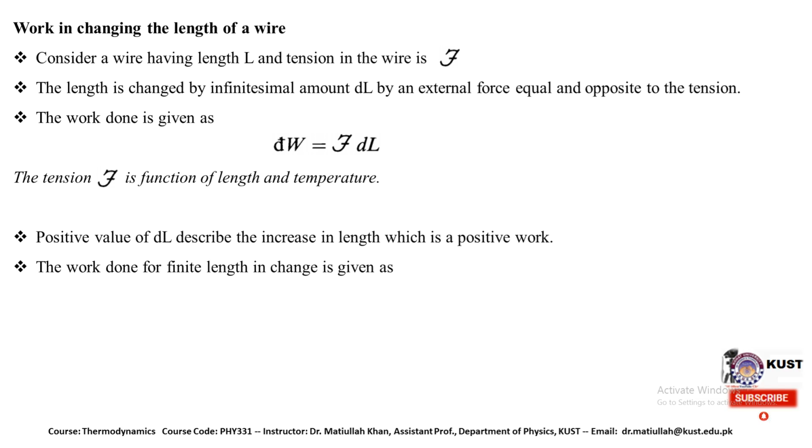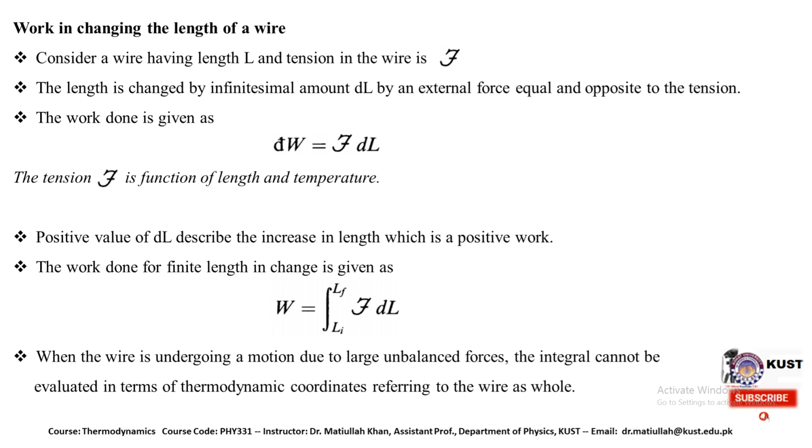A positive value of dl describes the increase in length, which is positive work, and the work done for a finite change in length is given by W = integral from Li to Lf of tau dl. So when the wire is undergoing a motion due to a large unbalanced force, the integral cannot be evaluated in terms of thermodynamic coordinates.